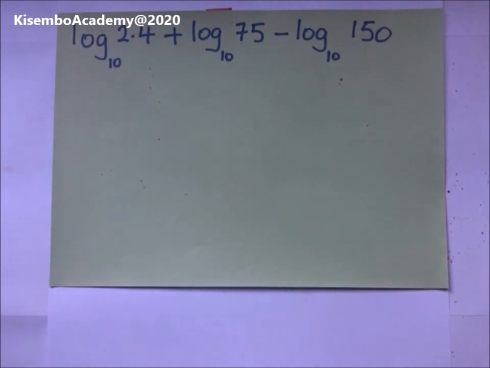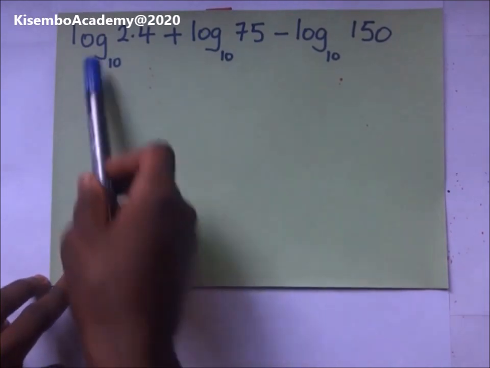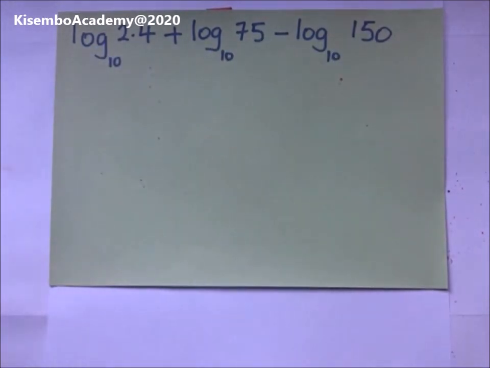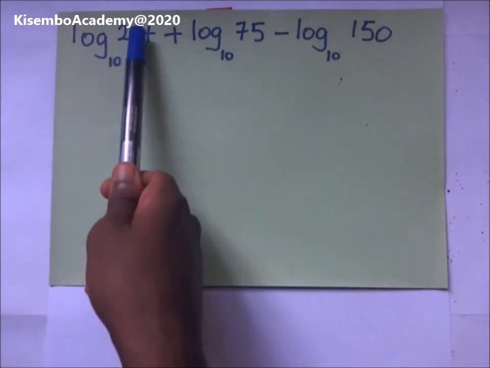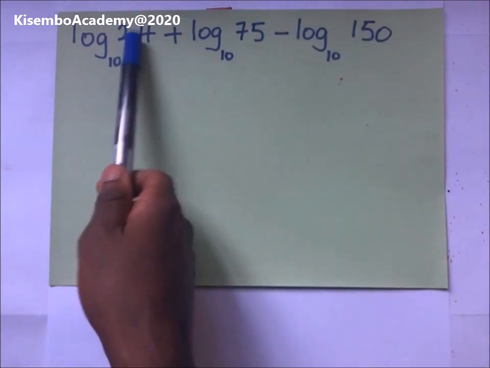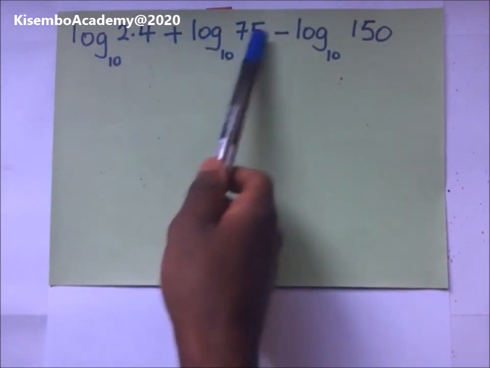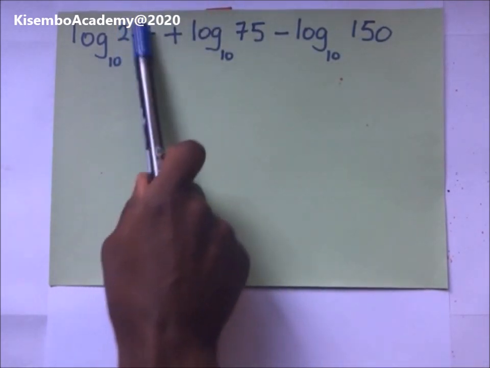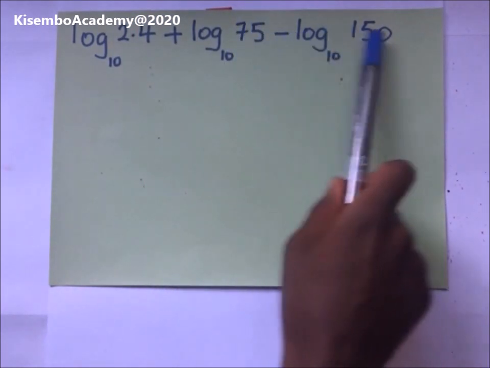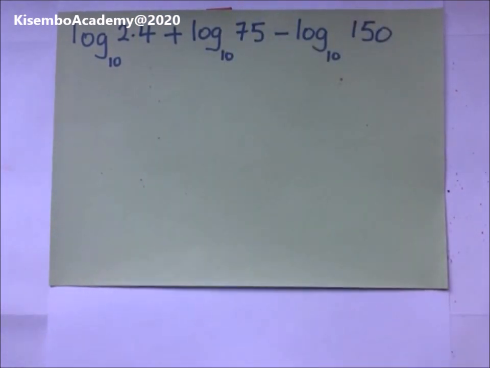In our next example, we have logarithm of 2.4 plus logarithm of 75 minus logarithm of 150, and all these are to the base 10. Since they are all to the base 10, we shall maintain the base, and then we deal with the numbers. This plus that is addition, so we multiply this number by that number. Then minus 150 means we divide by 150.